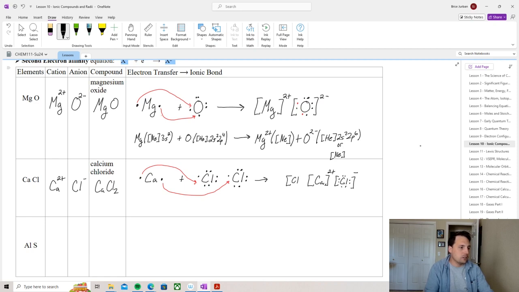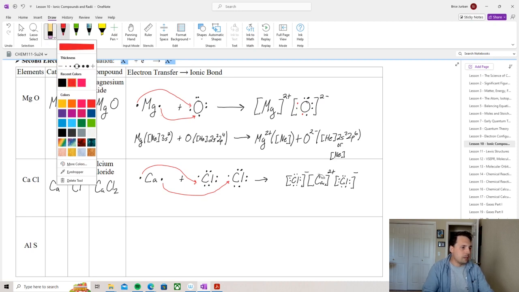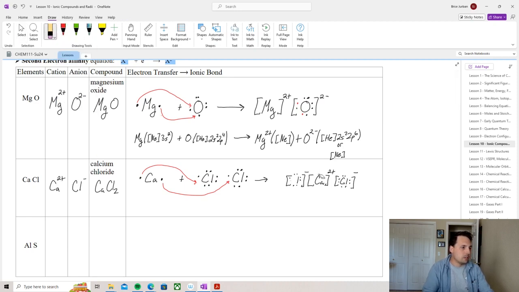And add a negative charge. And just to make it clear, there is one electron transferred to each of these. Let's fill that in.